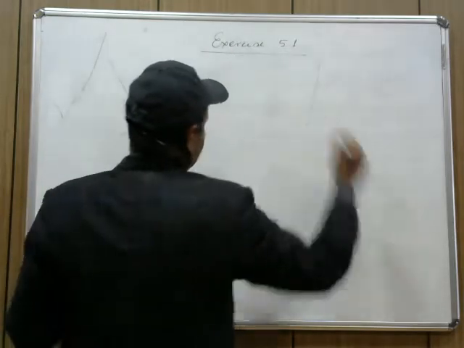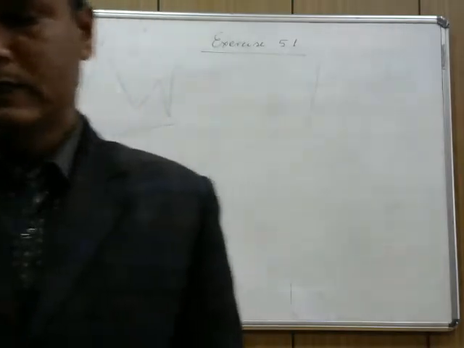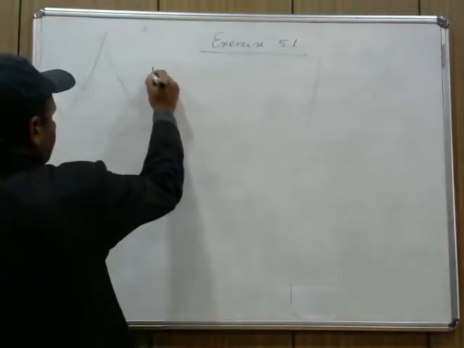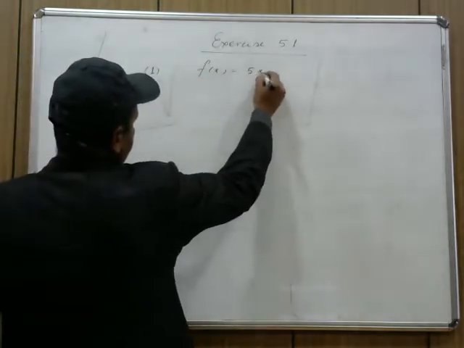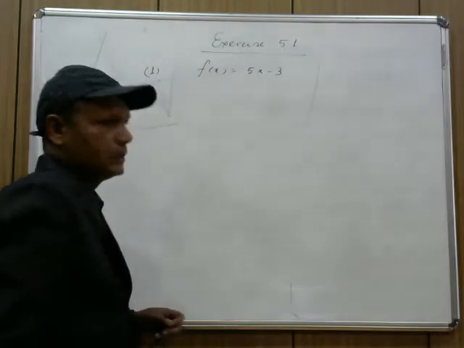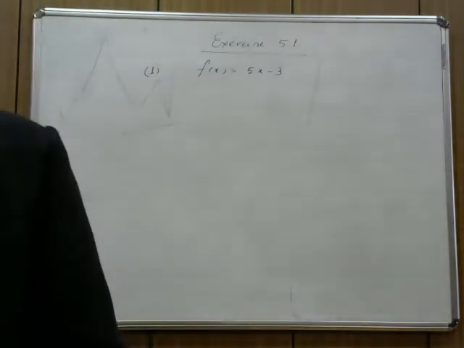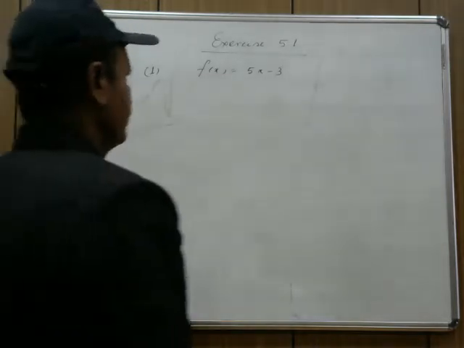In the first question, it is given: prove that the function f of x is equal to 5x minus 3 is continuous at x is equal to 0, x is equal to minus 3 and x is equal to 5.